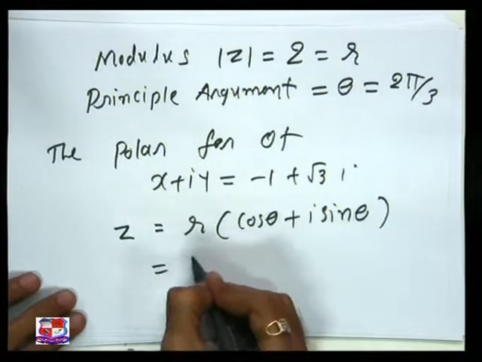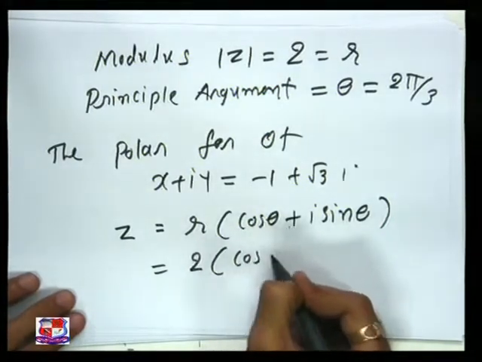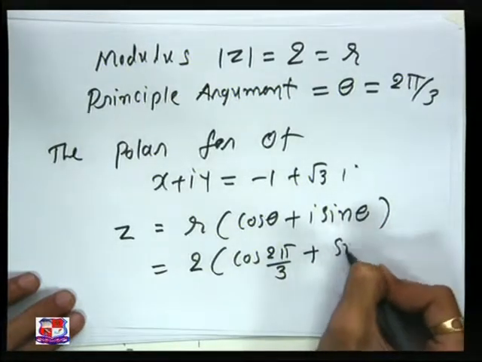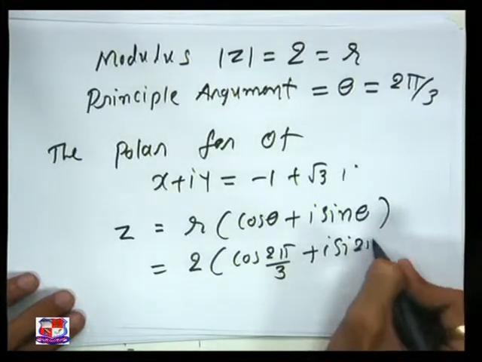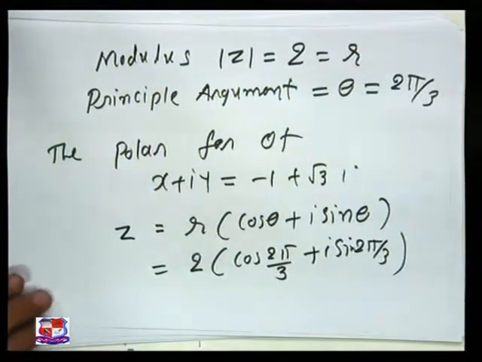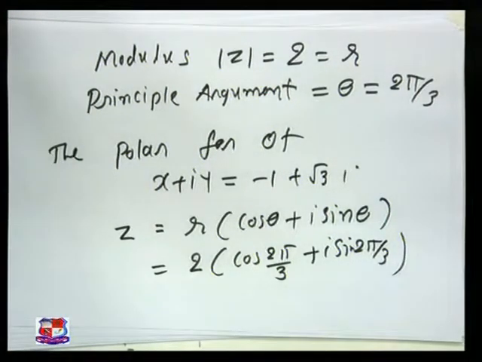Here r is equal to 2 and theta is equal to 2 pi by 3, so cos 2 pi by 3 plus i sin 2 pi by 3. So this is the polar form of the given complex number.